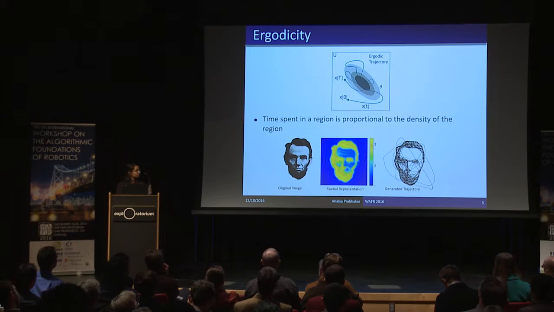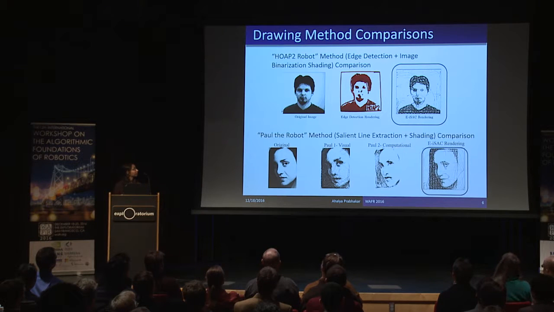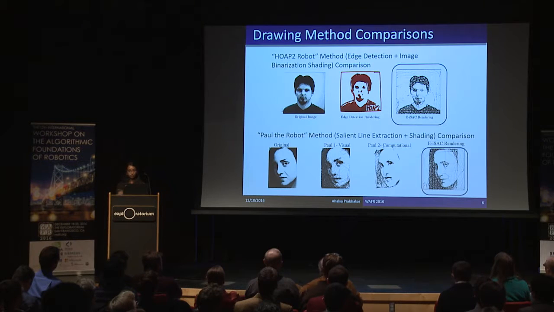So now that we see we can use ergodic control to generate solutions for this task, I wanted to compare it to some of the more existing standard ways that drawing robots typically employ. The first method I compared to was the one used by the HOAP2 robot, which uses a combination of edge detection and image binarization to render the contours of the facial portrait and then the shading that's shown in red there. The first thing we can see is that the rendering generated by our ergodic control method, which is boxed in purple up at the top, is a pretty comparable result, despite the fact that we use far fewer steps.